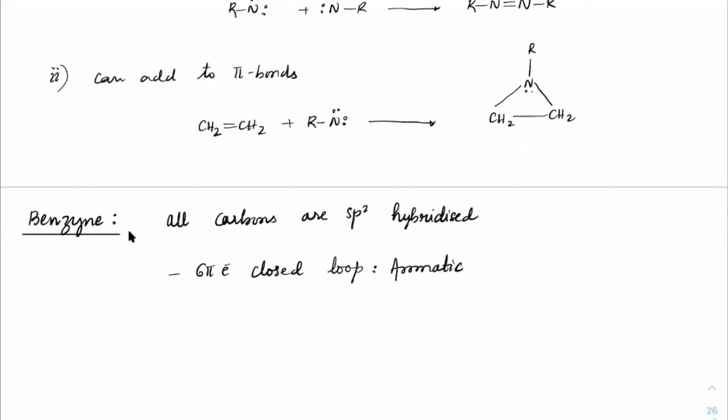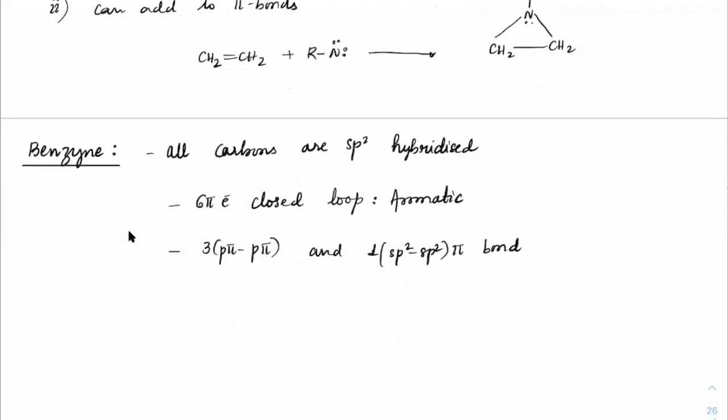So benzene is aromatic, and along with that, it would have 3 regular p pi bonds, and 1 sp2 pi bond. So this is one of those instances where there is a hybridized orbital making a pi bond, and because their distance is not exactly parallel and they are slightly far away from each other, this will be a relatively weak bond.